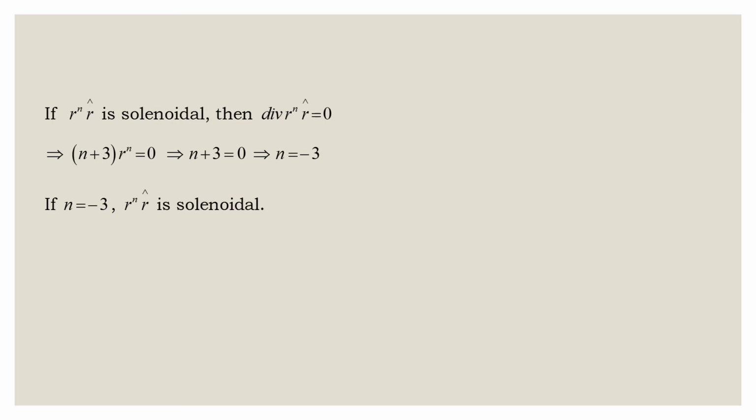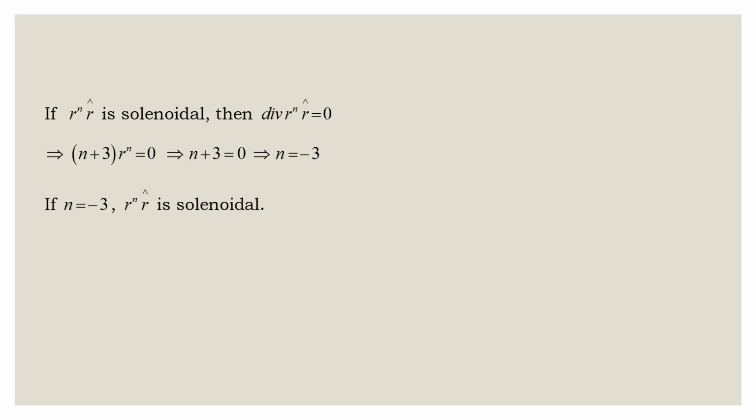So let us equate the divergence of r^n r cap to 0. Div of r^n r cap equals 0 implies the left hand side must be substituted with the divergence of r^n r cap, which is nothing but (n plus 3) times r^n.